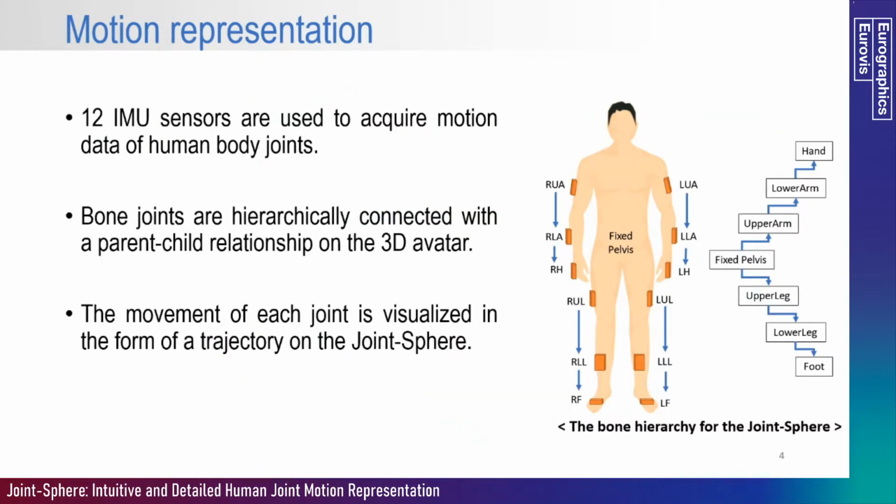In our work, motion representation using joint sphere, 12 IMU sensors are attached to each limb of the human body, which is hierarchically connected with the parent-child relationship. After calibration, the movement of each joint can be intuitively visualized in the form of a trajectory and analyzed in detail by selecting any specified joint in the tool.